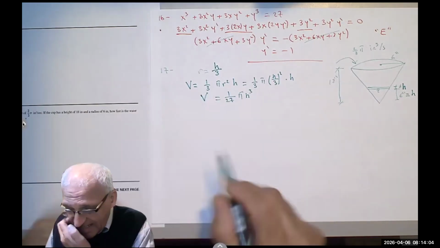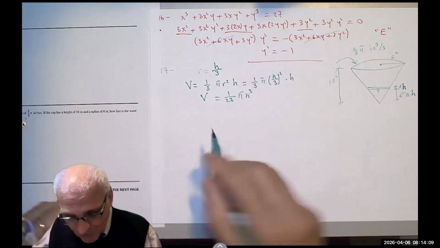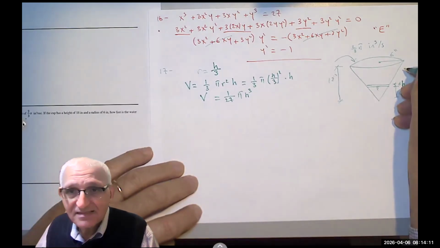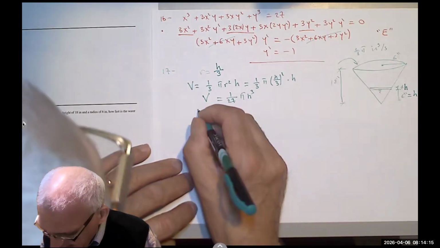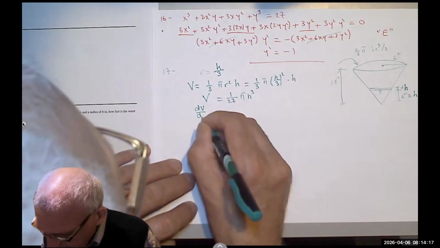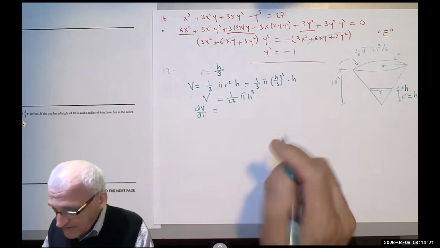Now, if I take the derivative with respect to time, because we want to see at what rate the height is going up, dh by dt, I would say dV dt equals, I take the derivative with respect to time on both sides.